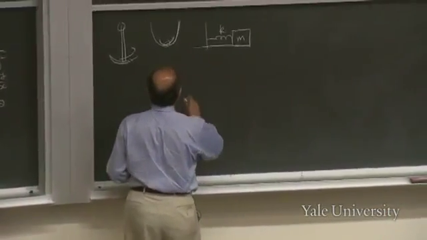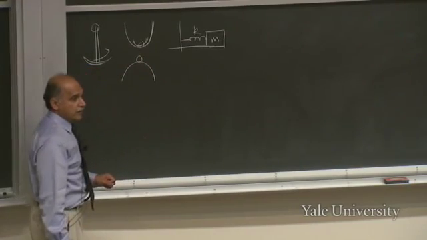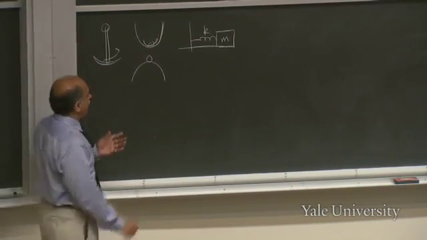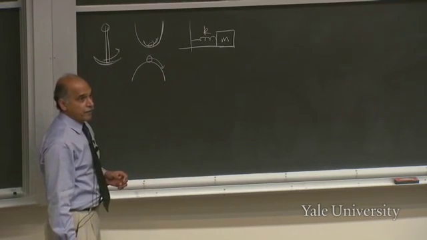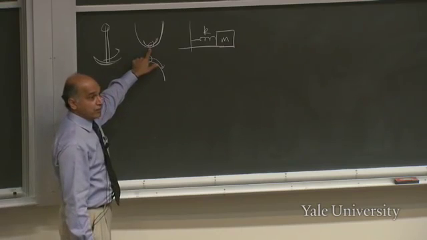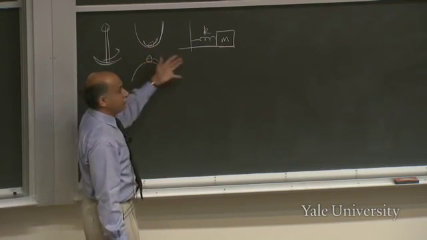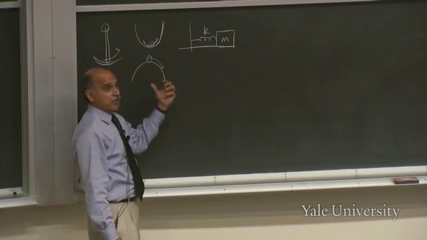Well, there are two situations you can have. You can have a situation where a particle is on top of a hill. That's called unstable equilibrium, because if you give that a kick, it's going to come down and never return to you. That's equilibrium, but unstable equilibrium. I'm talking about stable equilibrium. That's because there are restoring forces. If you stray away from the equilibrium, there are forces bringing you back.